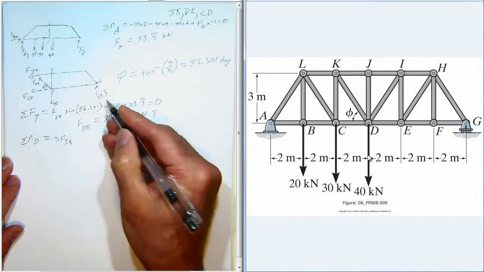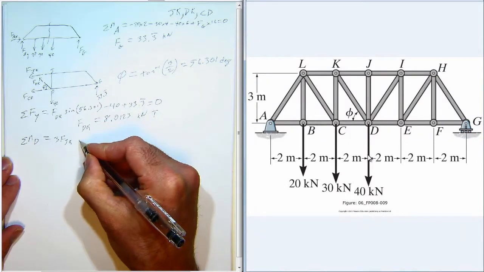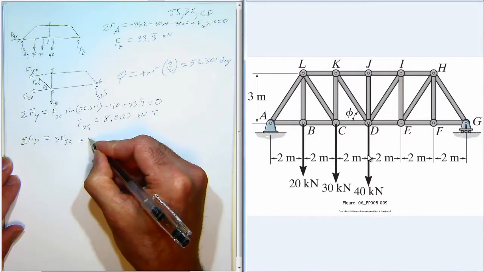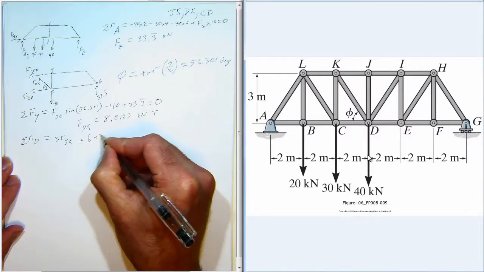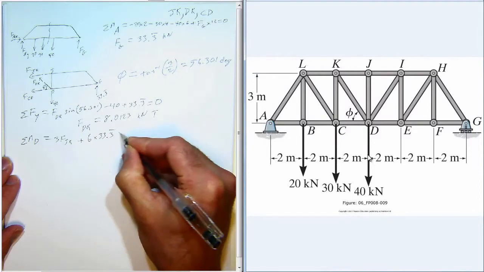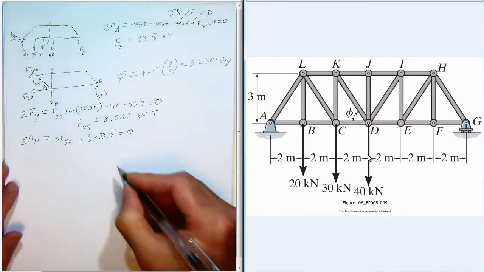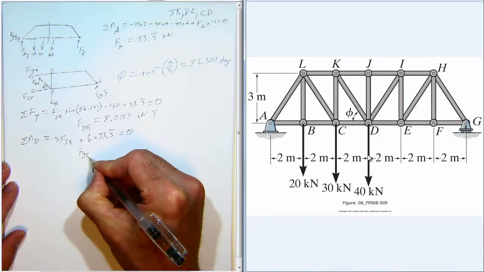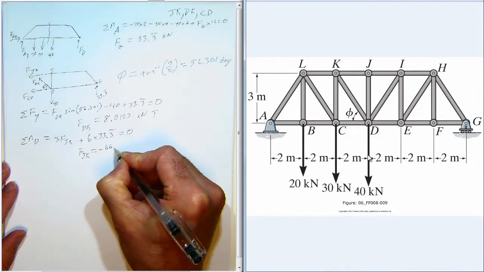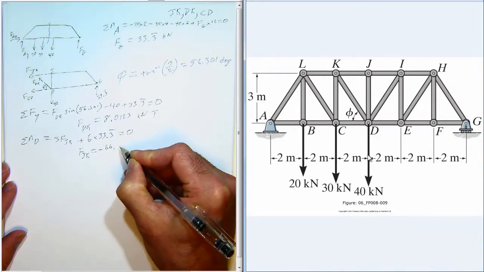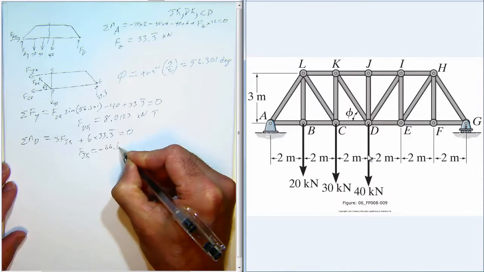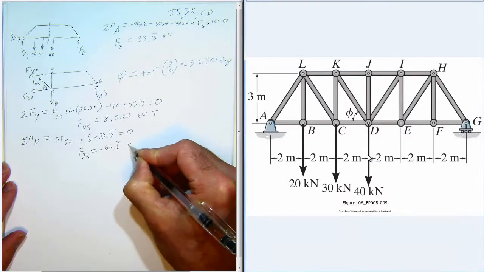And then FG provides another positive moment, so that's 6 times 33.3, and that adds up to 0. Those are all the forces that generate moments about point D. This gives us that FJK is equal to negative 66.6 repeating kilonewtons.